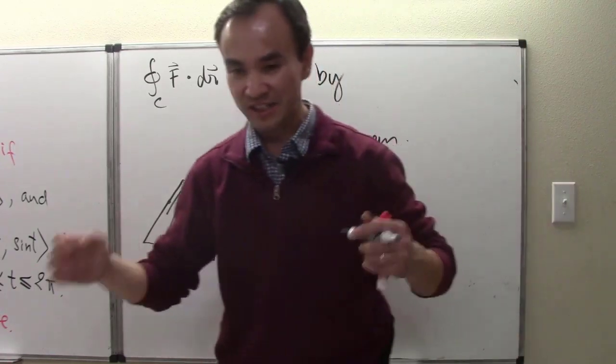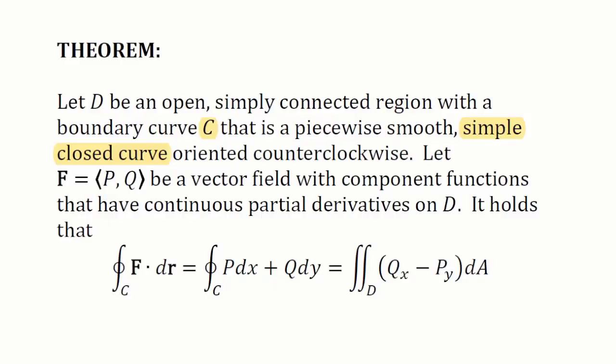Let's continue breaking it down further. Back to the theorem: let F be a vector field in two-dimensional space with component functions that have continuous partial derivatives and all that on D. You will learn this information as you keep working with it.